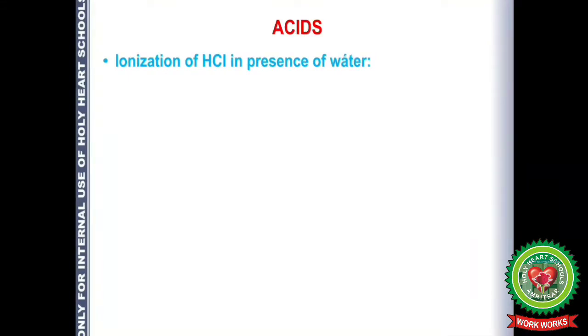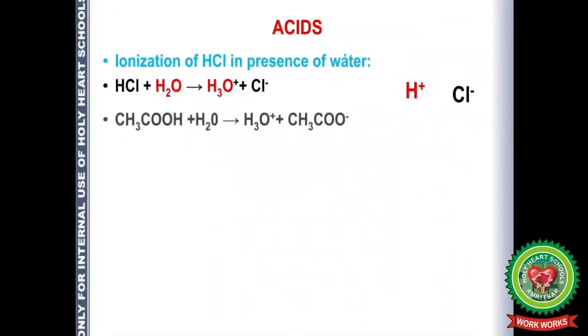Now, for further discussion, let us first consider the ionization of HCl in the presence of water. When HCl dissolves in water, it forms hydronium ion and chloride anion. HCl in the presence of water will form H positive and Cl negative. Remember this.